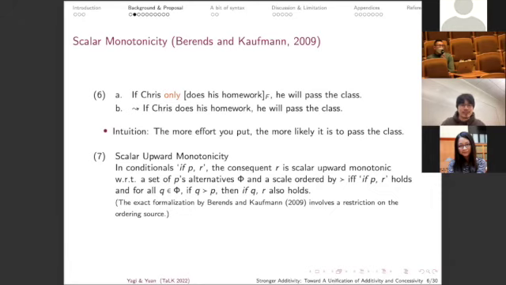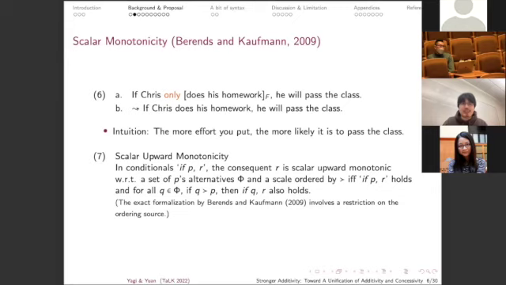As we said, if we have a scale that makes the context consequent upward monotonic, then we have this inference. And I think this already answers your second point, in which maybe homework is kind of open-ended, and 6B opens up the possibility that Chris also plays video games and Instagrams, whatever it is, in which he wastes much time.